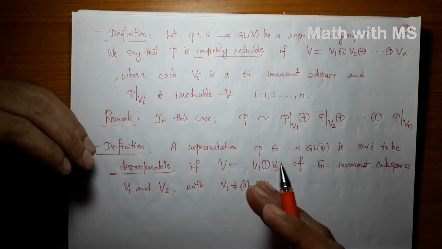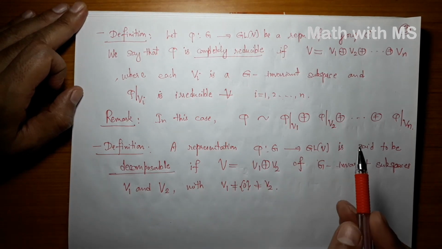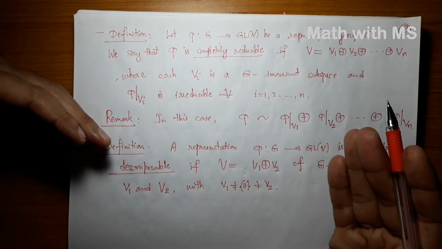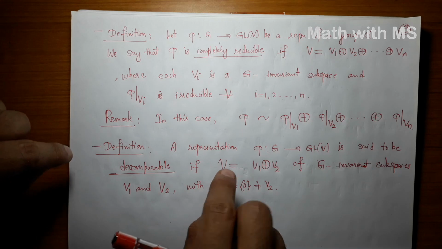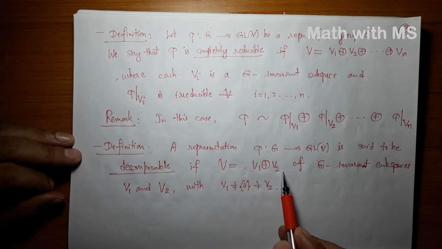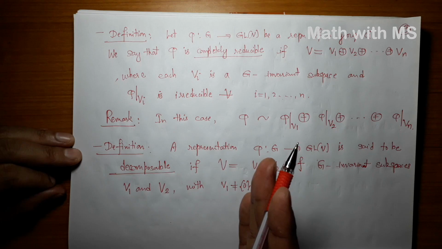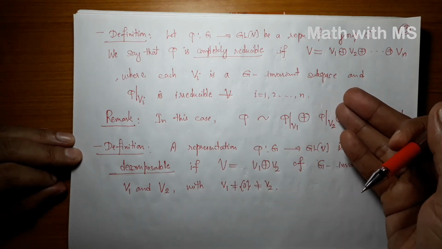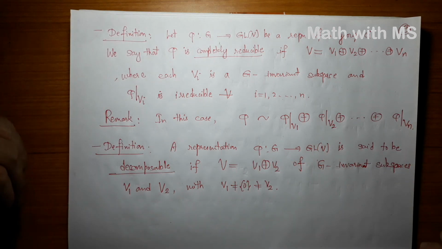Then applying the process iteratively, we can get that every representation is actually completely reducible. Because if it is irreducible, then it is just one copy of an irreducible representation, and if it is not, then it is decomposable, and therefore I can write it as a direct sum of two sub-representations. Then I apply the same process on each sub-representation. If that is irreducible, then I go to the other component. If that is also irreducible, I have shown that my given representation is completely reducible. If not, then I can break it further, and so on.